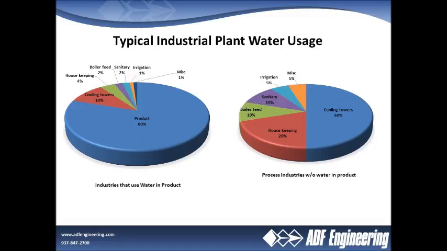There's a high degree of treatment associated. Then there's housekeeping, and then there's utility and irrigation and other miscellaneous applications. On the right side are process facilities that don't necessarily use water in the product, but still have a lot of water usage. And in those types of facilities, most of the water that comes in goes to utility feeds such as cooling tower and boiler feed.